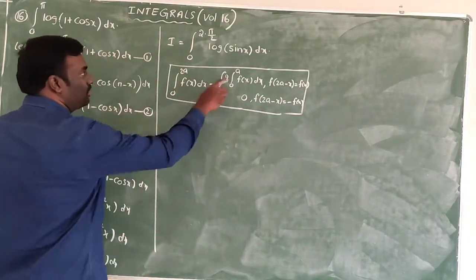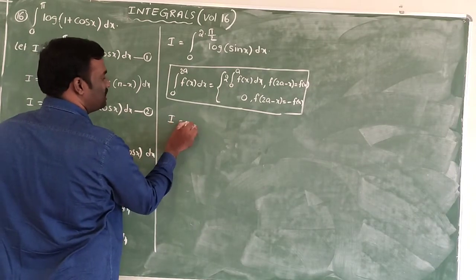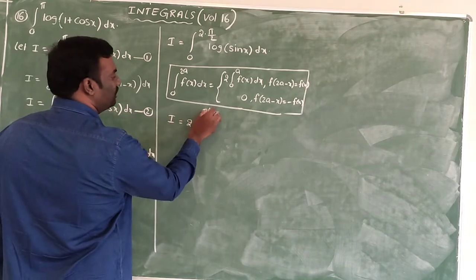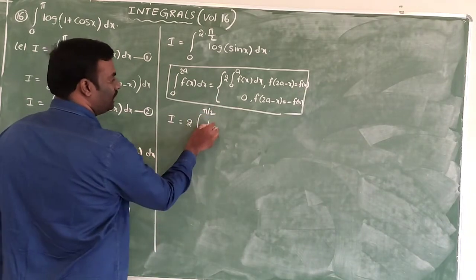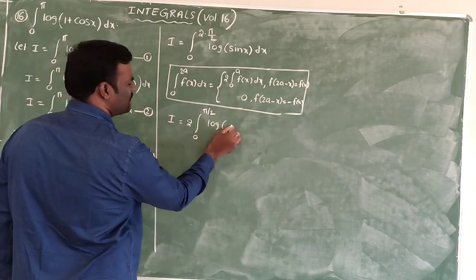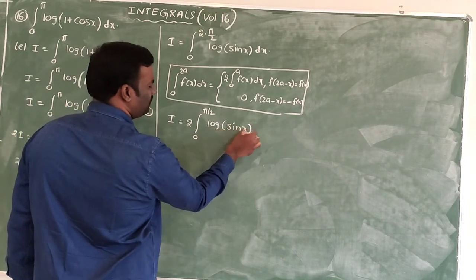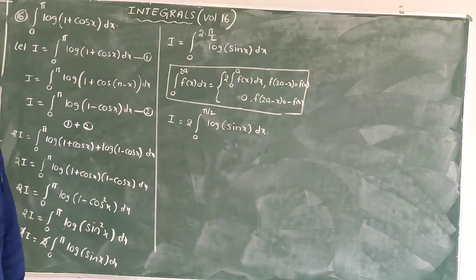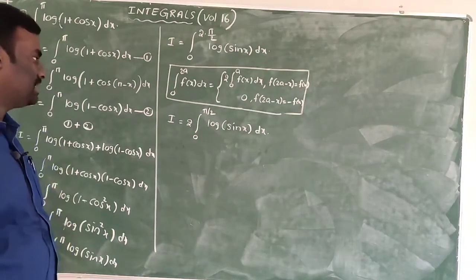According to condition number 1, it can be written as 2 into the integral from 0 to pi by 2 of log sin x dx.